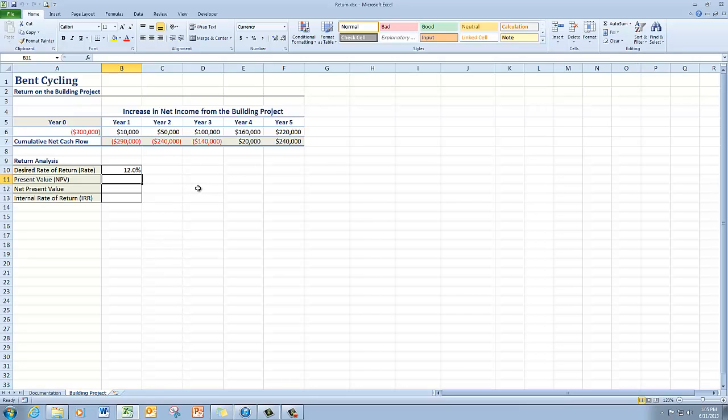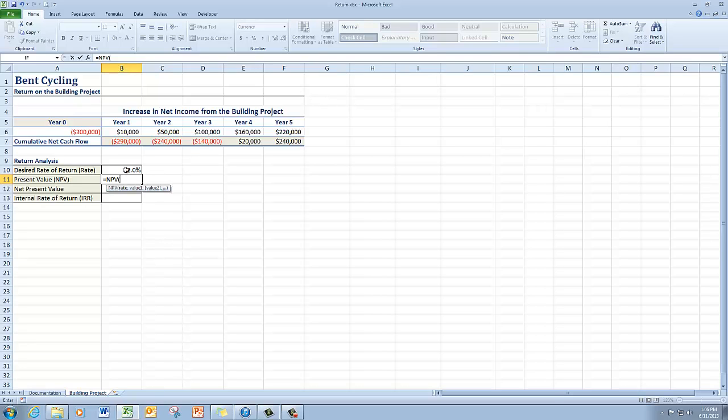So the net present value function I'm going to insert into cell B11, and it's just NPV. And I have my discount rate or desired rate of return here of 12%, and that's a number that the business owner has picked. That's what she would like to see as the return on building this new plant.